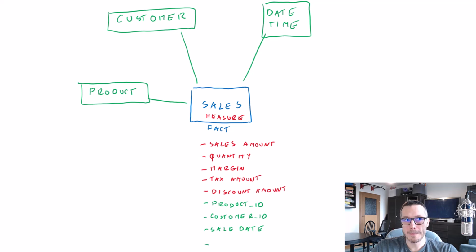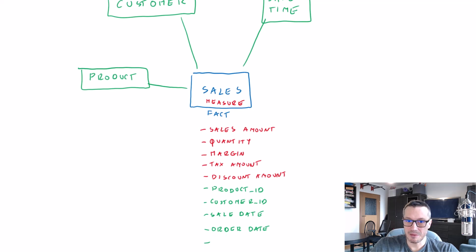You might want to store or record other dates, maybe order date, if that makes sense in the context of your business, so when the order was submitted. You might want to track the time when the order was delivered, like delivery date, and so on.